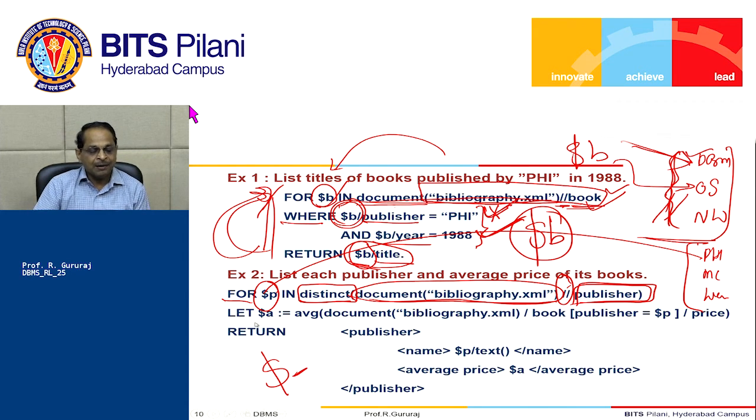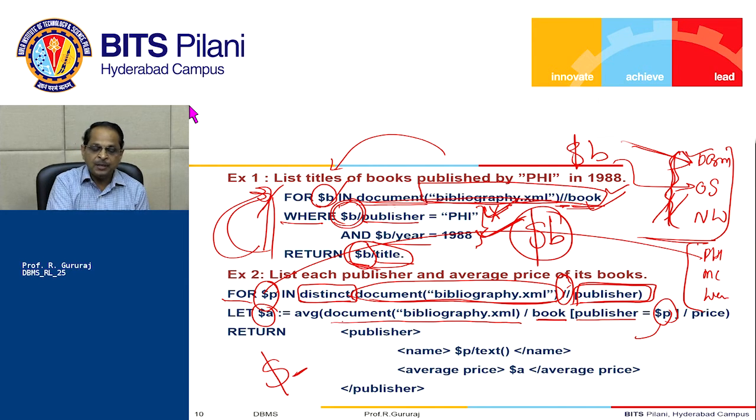And now in the let clause, what am I doing? $a, that is another path variable. I am again going to the root node, picking up the book element, and checking whether the book element's publisher is $p or not. What is stored in $p in the first iteration? It is PHI.